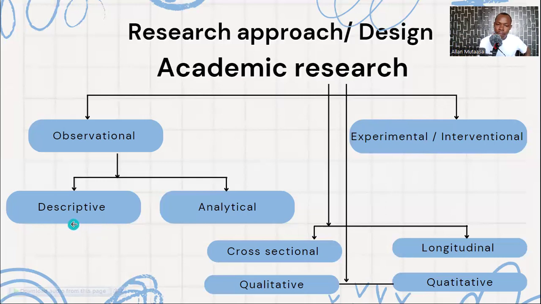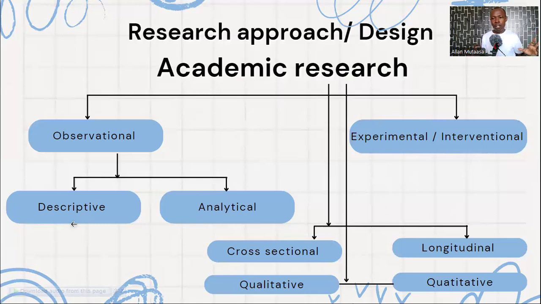A descriptive study is one in which the researcher aims to only describe the distribution of the variables that they are talking about. If we look at our topic, employee motivation and performance, our variables are employee motivation and employee performance.